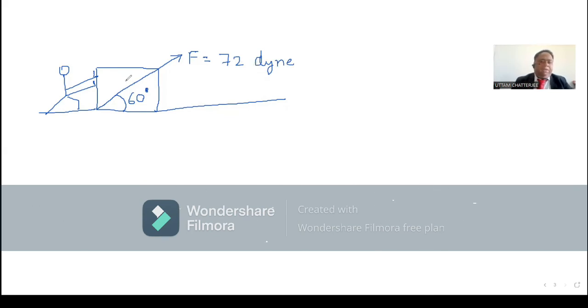And the mass of the object is 9 gram. We have to find out what acceleration the object will get in the horizontal direction.